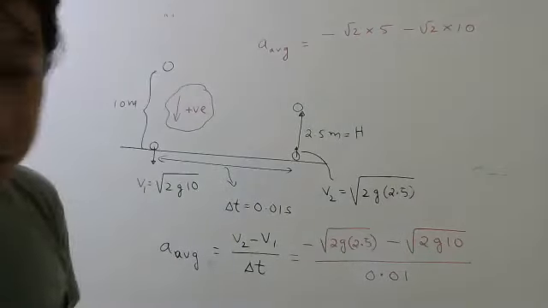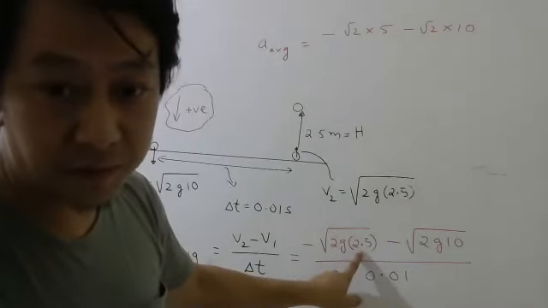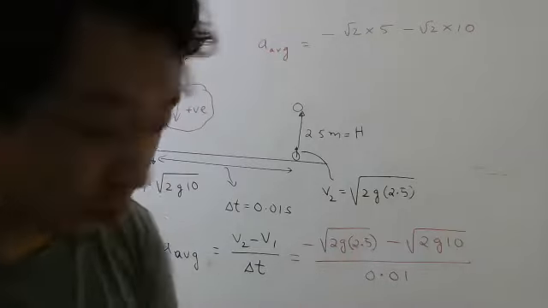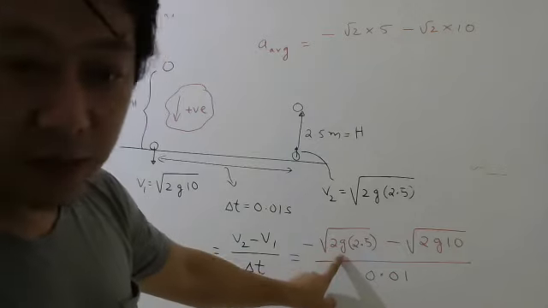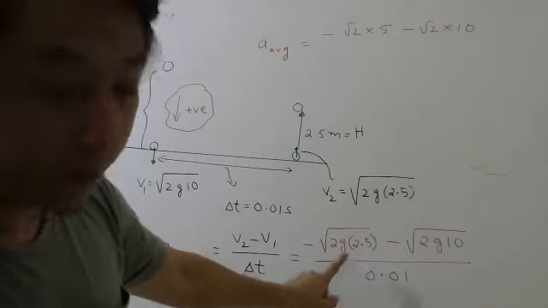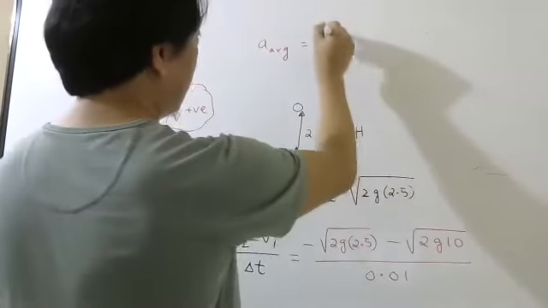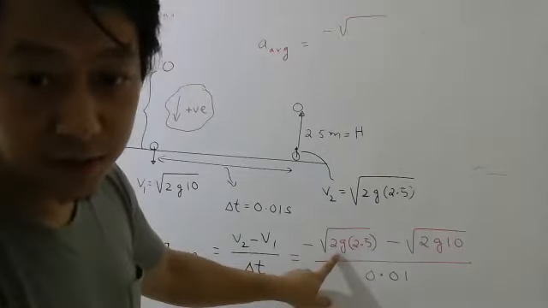I hope everybody understood. g into 2.5 will be 25. Achha, they are asking you to take 9.8. I thought of taking 10, it would be easier, but 9.8 I should take. Okay. So if I take 9.8, this will be root of how much? 49. Root of 49.